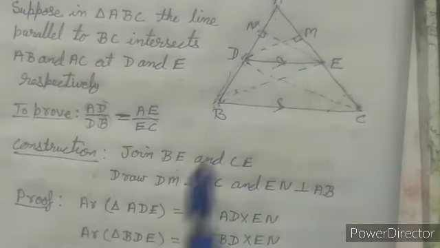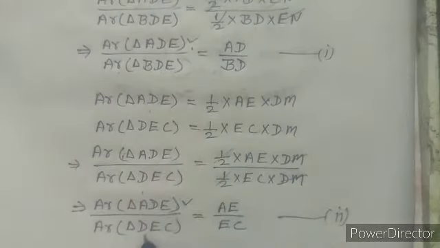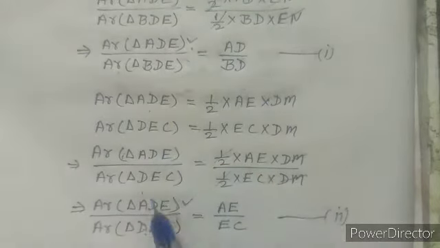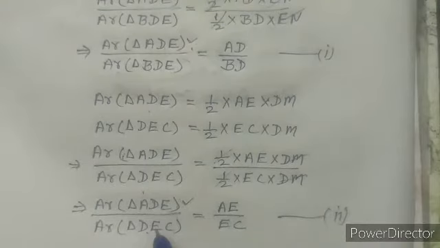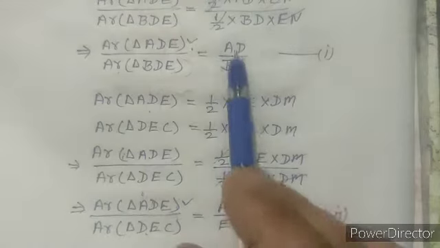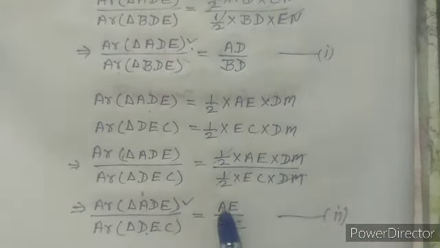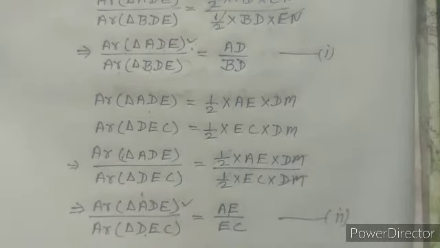So we can say that the area of triangle BDE and DEC are equal, and that makes our left hand side equal, which means if left hand side of the two equations is equal, then right hand side will also be equal. That means AD upon BD will be equal to AE upon EC.